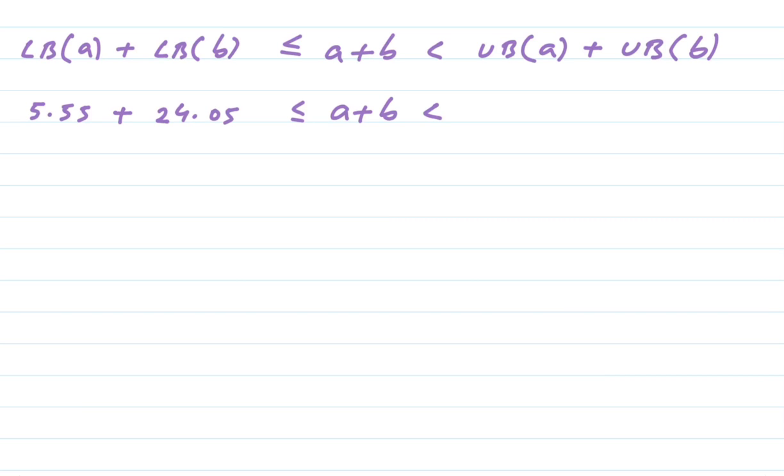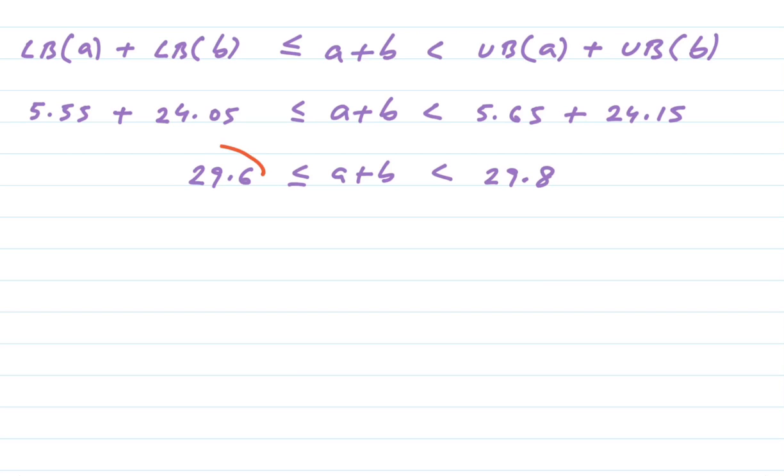The upper bound of A is 5.65 and the upper bound of B is 24.15. The lower bound of A plus B equates to 29.6 and the upper bound of A plus B equates to 29.8. So this is your lower bound and this is the upper bound for A plus B.